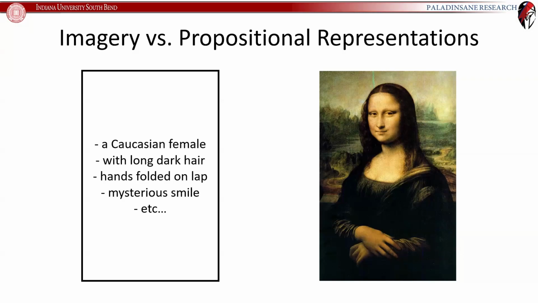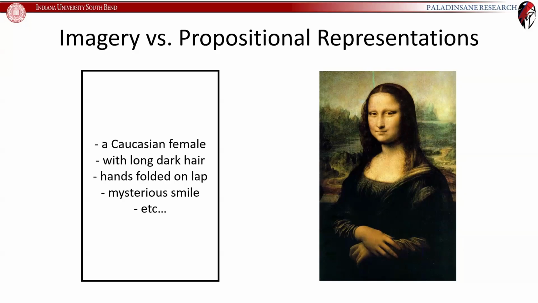Her hair is darker than her face in the imagery representation. In the actual Mona Lisa, her hair is darker than her face. That structure is preserved. But when you take a look at the propositional structure, we have long dark hair, we have mysterious smile, but the words long dark hair are no darker than mysterious smile. So that structure has been lost.